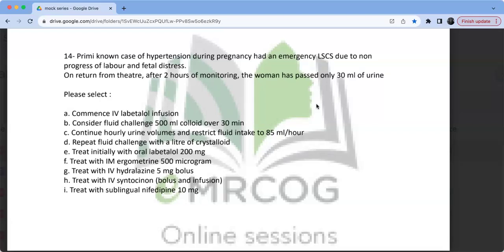So which fluid has large particles and cannot escape from the blood vessels, so it will maintain the intravascular volume? It's a colloid. So we consider a fluid challenge of 500 ml colloid over 30 minutes.